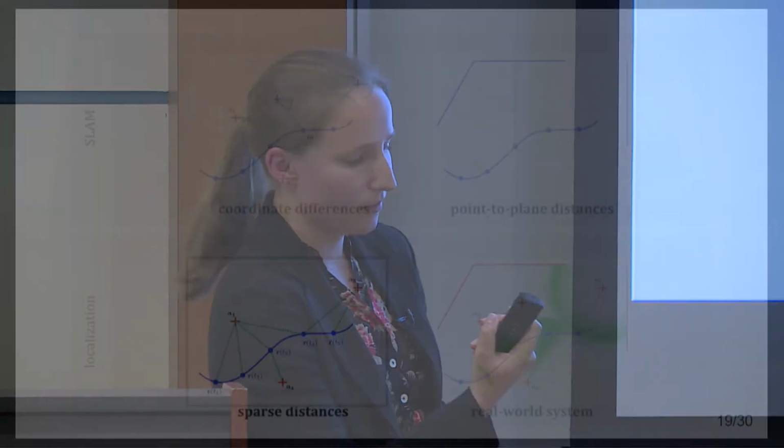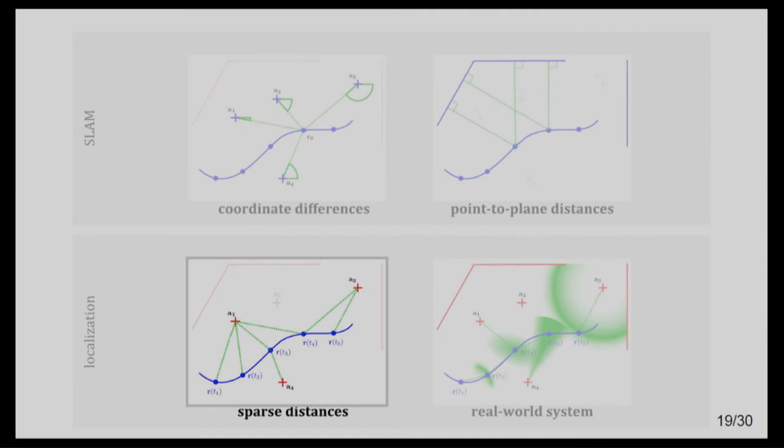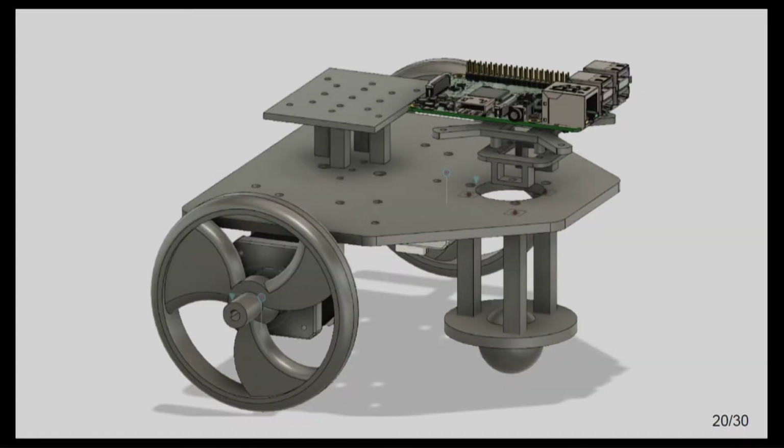So this was the part about SLAM, trying to find both the locations of the robot or device and the walls at once. Now I want to talk a little bit about the localization case, and first about the case where we have sparse distances. We started looking at this problem because we have this little robot. Actually, it's this size.